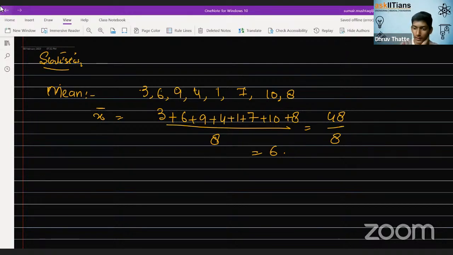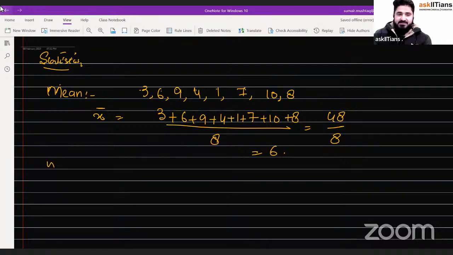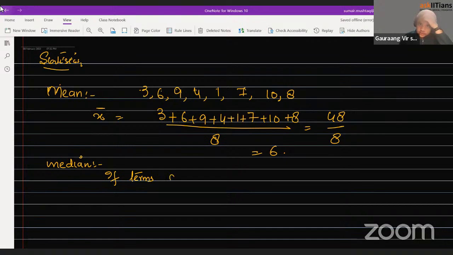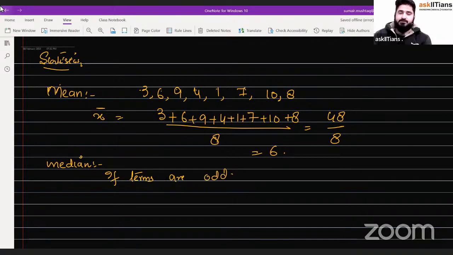So how to find the median? Can anyone tell me how to find the median? In the median, you have to take note of two things. It depends upon the number of terms. If the terms are odd, first of all you have to put them in ascending order, and second, you have to apply a formula.